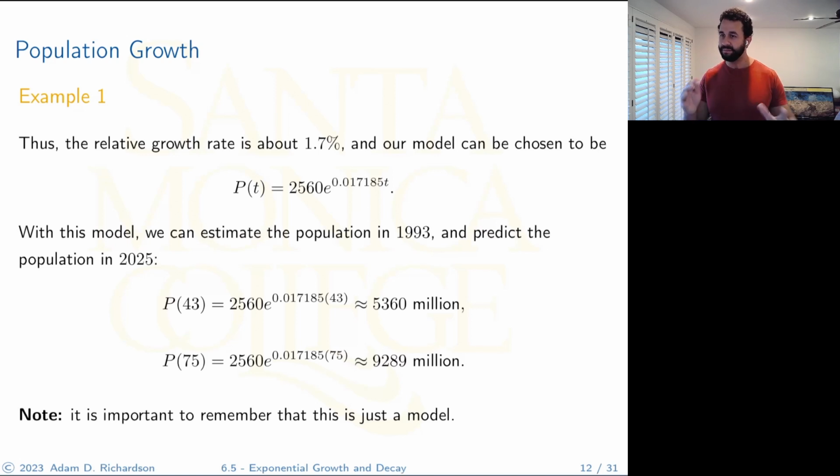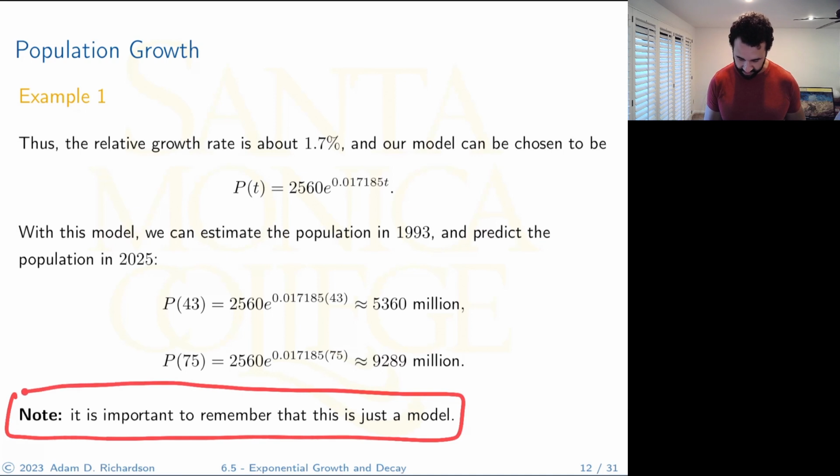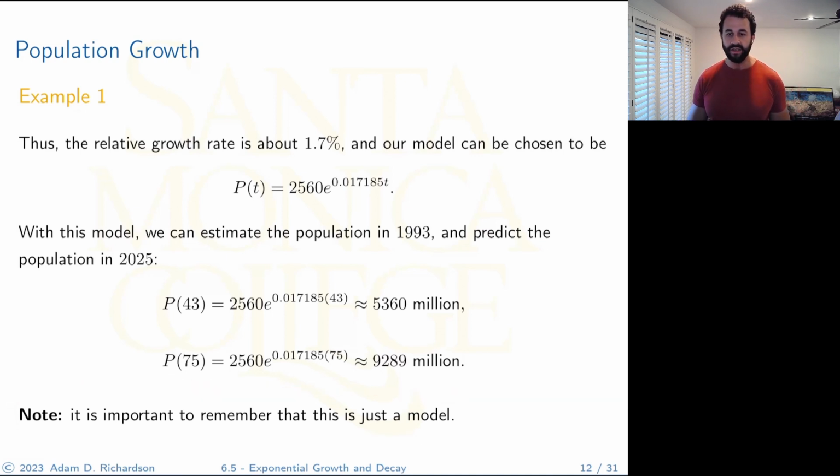I mentioned it as I went along, but I just want to emphasize this. This is an important thing to keep in mind as you go forward in your careers and your math education. This is just a model. It is not a guarantor of fact. It does not mean that this is exactly what the population will be, for example, in the year 2025.